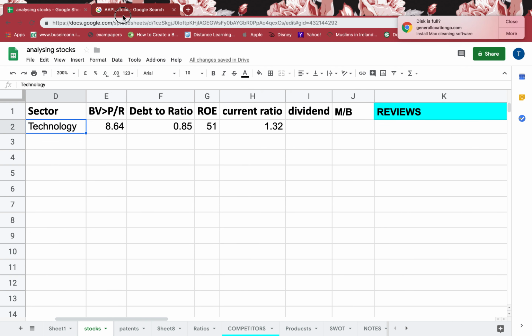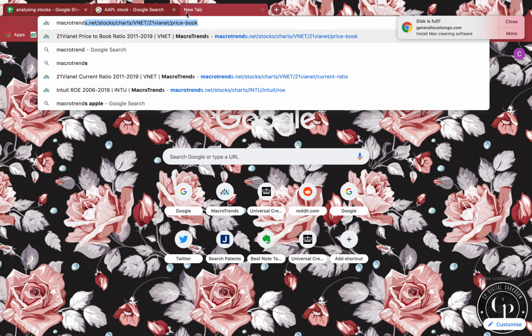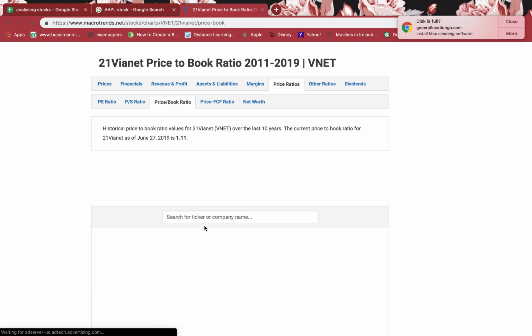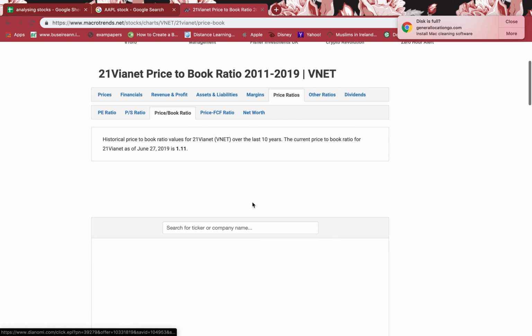Okay, and now there are some ratios that are very important, just for a first scan, because you can go into as much detail as you want, but I'll just go through some things. I use the Macrotrends website to see these, so I'll go to macrotrends.net.